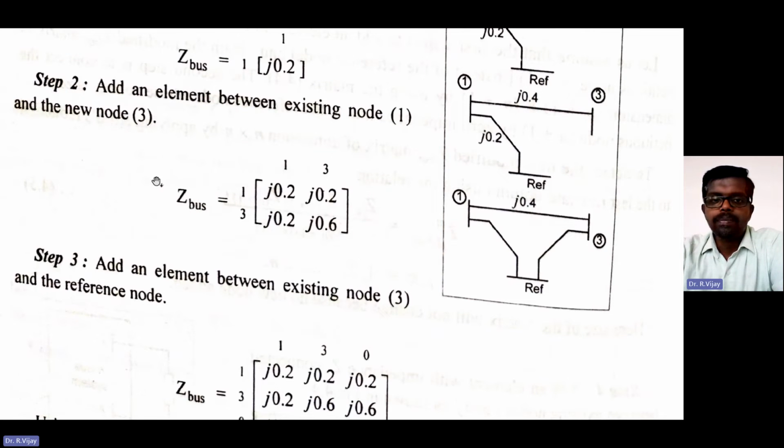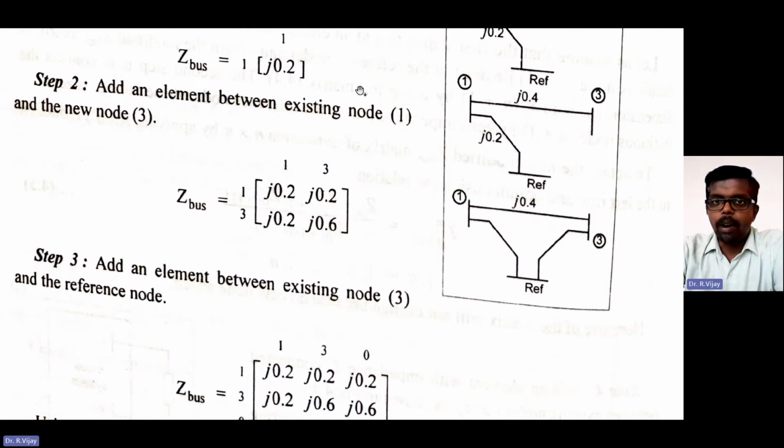Again, we are framing the Zbus matrix. How to frame the Zbus matrix? Whatever values you have in this particular place, you need to copy here and also copy here, like an L type.